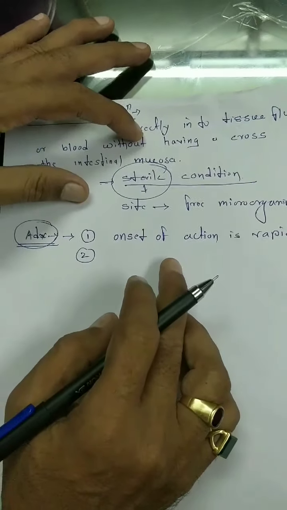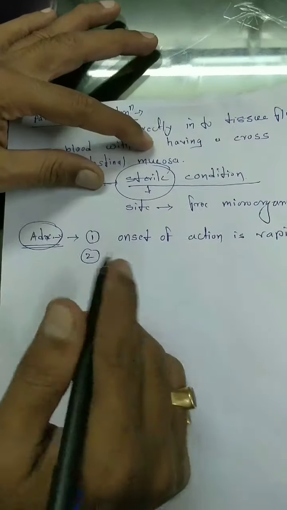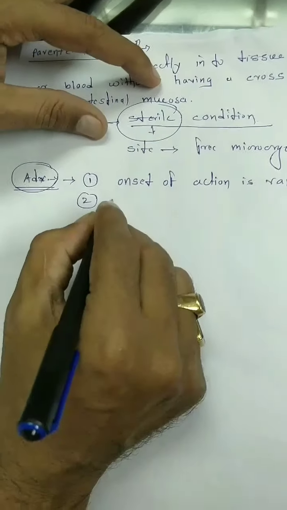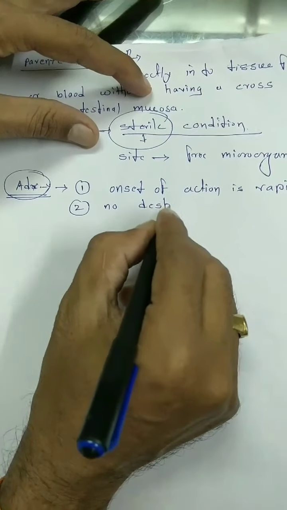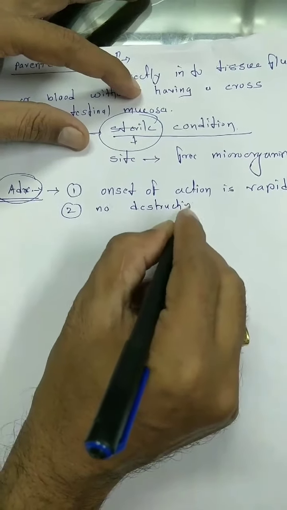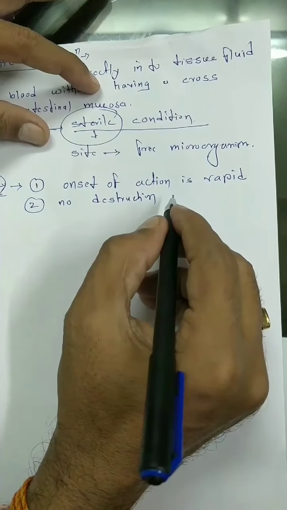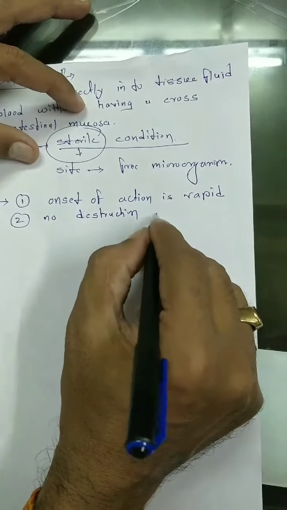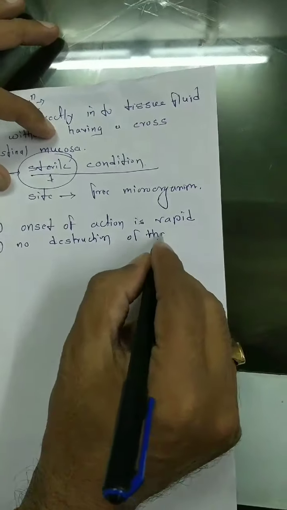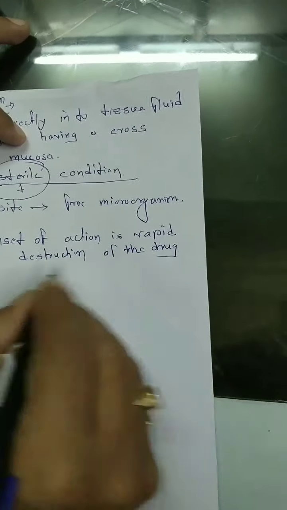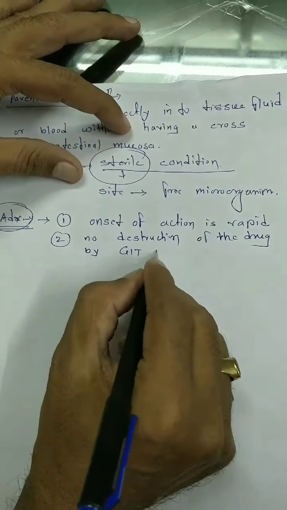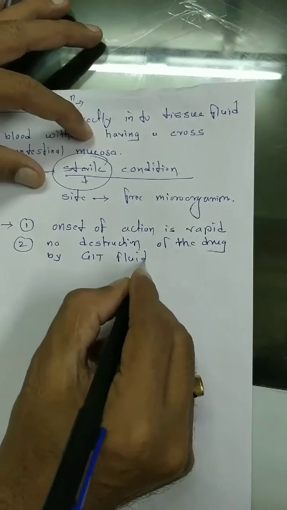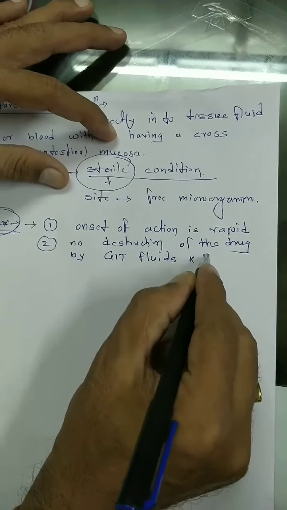The second advantage: in this route, no destruction of the drug by GIT fluids and liver.